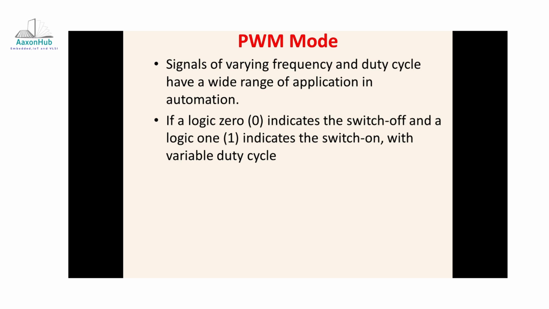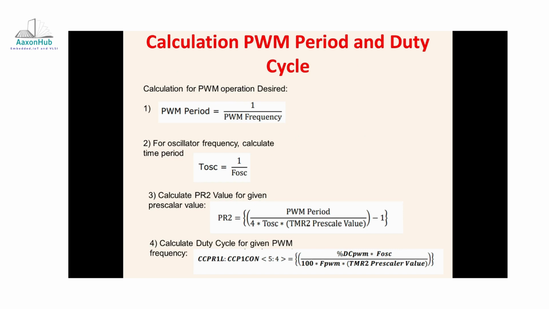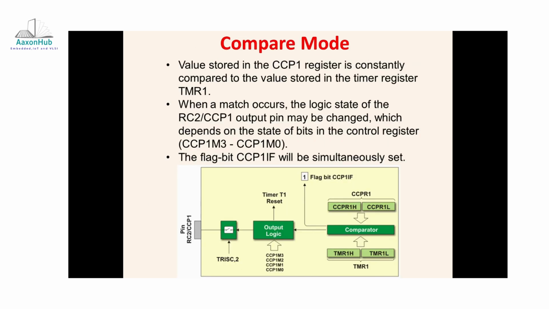Every time, this PWM period will be specified by writing a value to the PR2 register. So the PR2 register is associated with the PWM period, and that period will get compared with the value to be loaded in the timer. In that way, you can look for the comparison, and then you are able to produce the output sequence at the output pin RC2.